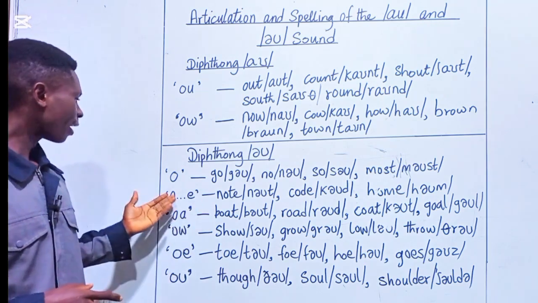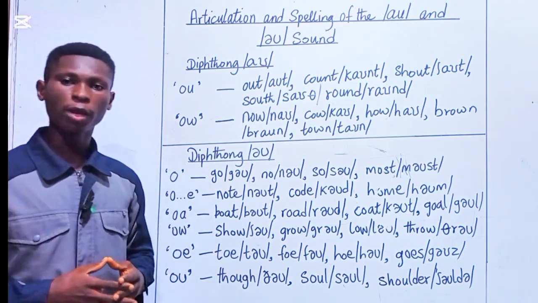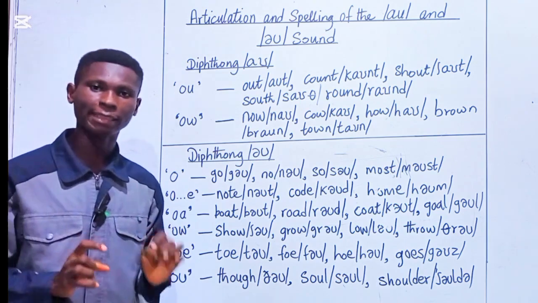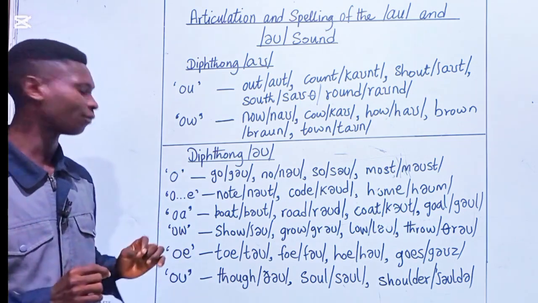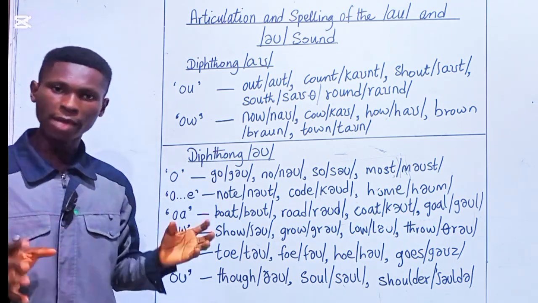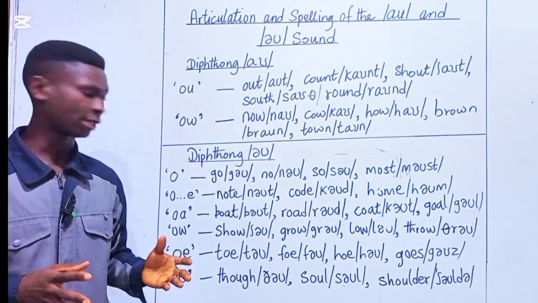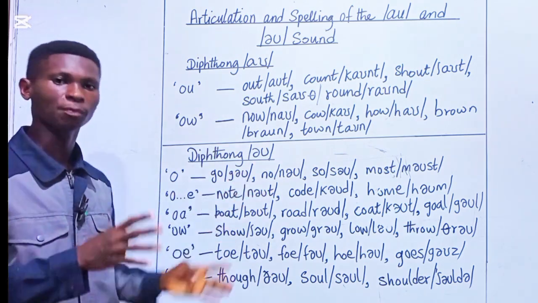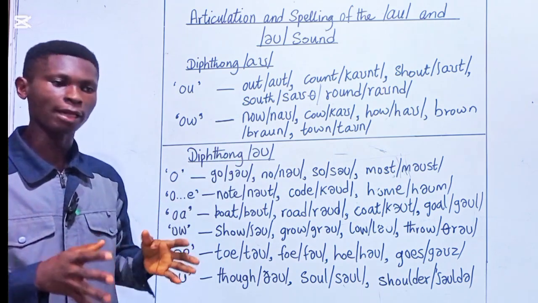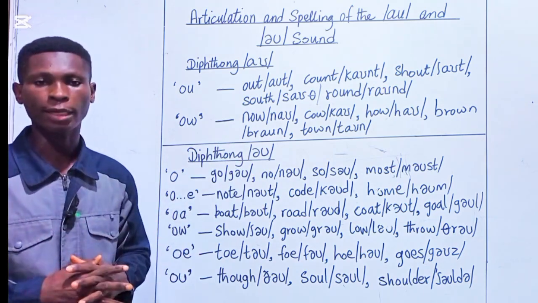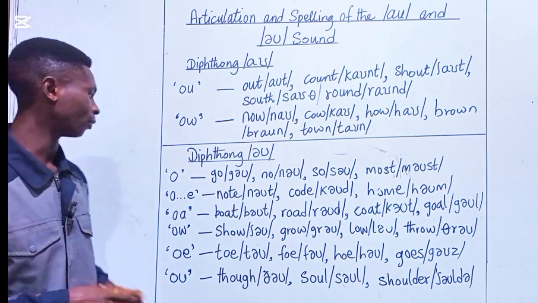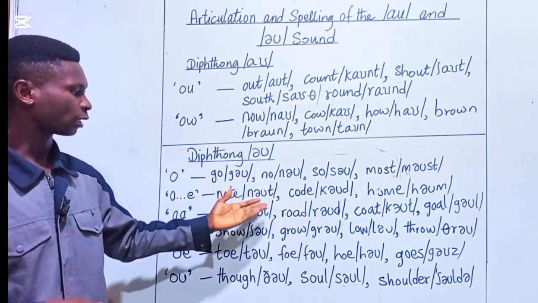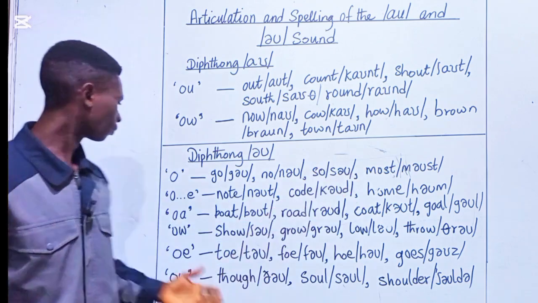That is to say, in place of the ellipsis, we have a consonant letter. So when you have O, a consonant letter, and E, you're likely to have the /əʊ/ sound in between the two consonants. That's to say, the consonant letter moves to the end, while the O and E join together to form the /əʊ/ sound. This can be exemplified in words like note, code, home.